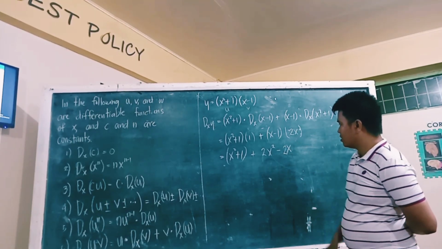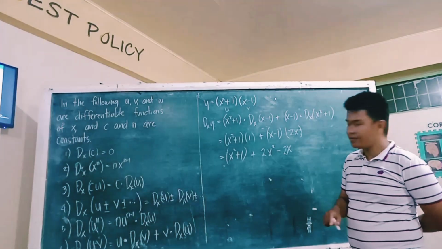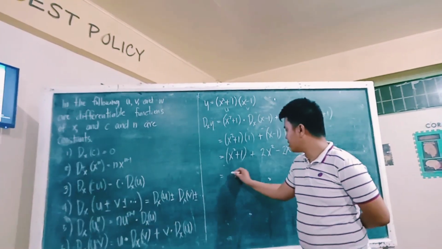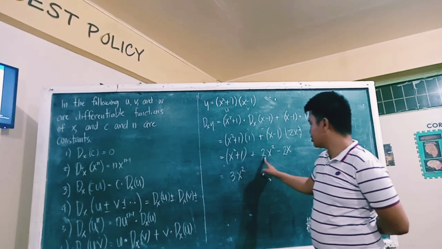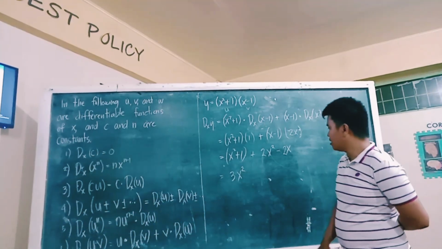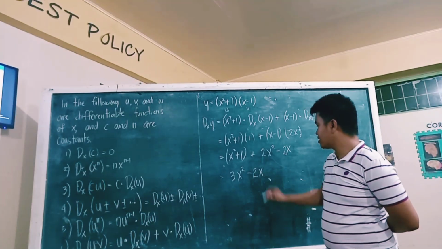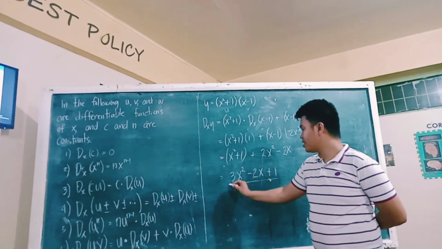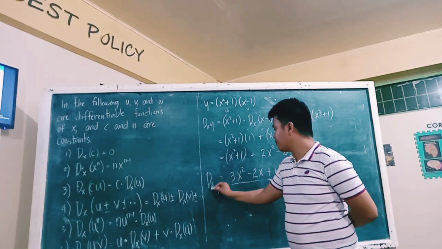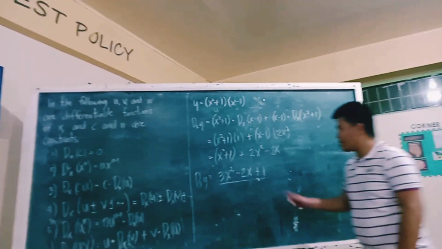Since these two are similar terms, we have now 3x squared, so it's 2 plus 1, 3, and then copy minus 2x, and then copy plus 1. So the final answer of the derivative of y is equal to 3x squared minus 2x plus 1.